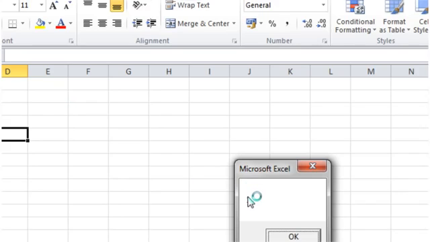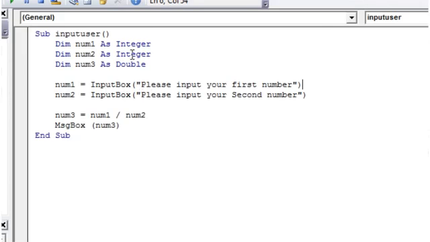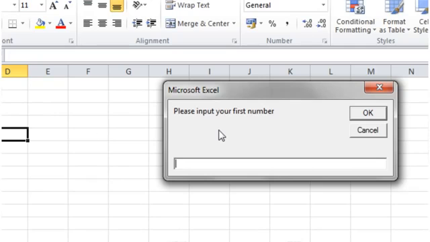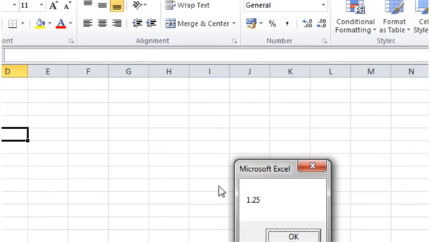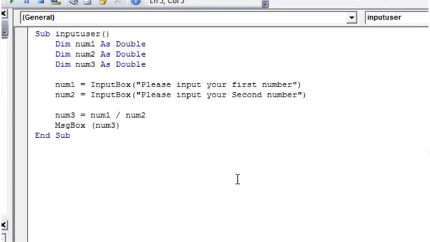It's going to come out with 1, because it's going to round the 2.5 down to 2. So in order to do this, we need to put a double in here, and another double in here, and press play. And then if we put in 2.5 divided by 2, that's going to give us 1.25, which is the answer we wanted.